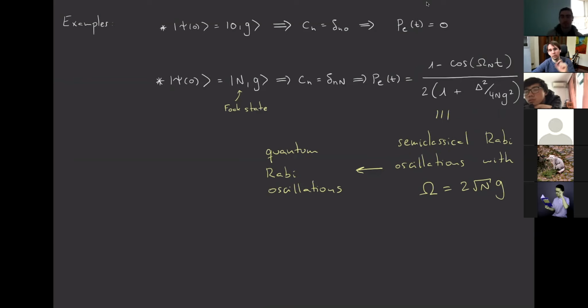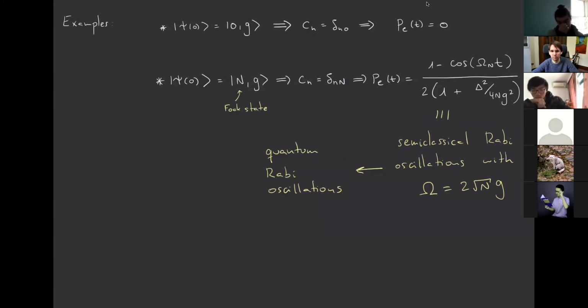And even though we have this quantized situation, if you put the cavity in a Fock state, if you put the field in a Fock state, then you get the same kind of physics as with the semi-classical Rabi model, in the sense that you get these Rabi oscillations of the atomic population, okay? Exactly how we saw in the previous chapter.